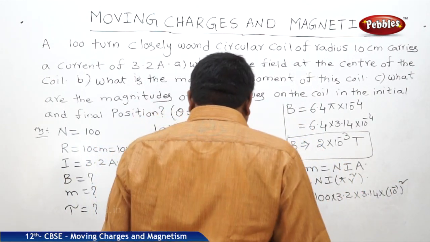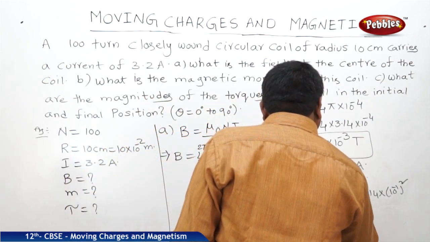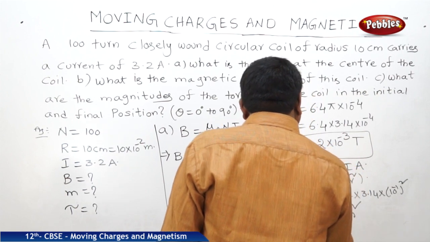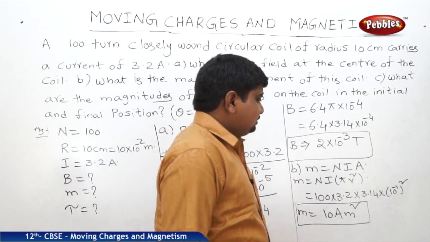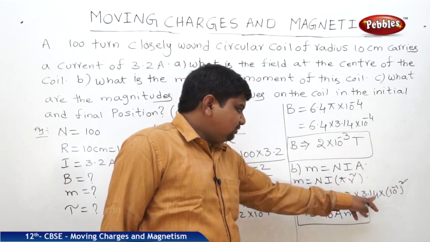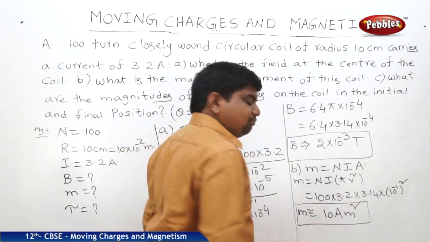After substituting all these values, we will get 10 ampere meter square as the magnetic moment. This is 10 power minus 2 and 100 gets cancelled out. 3.14 into 3.2, approximately we will get 10 ampere meter square.